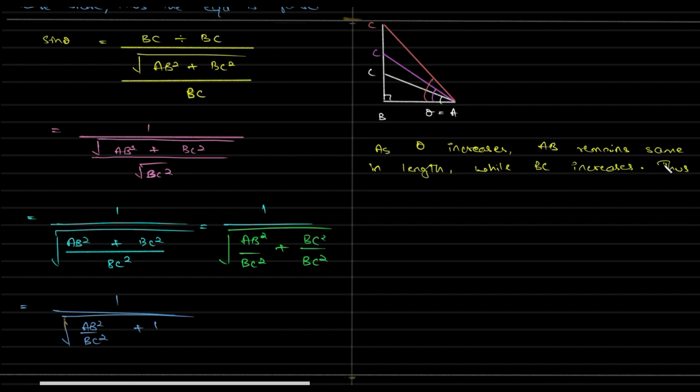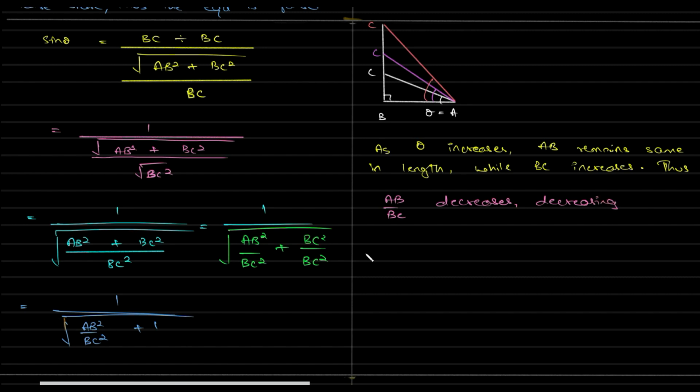Thus, can we tell that AB by BC as a ratio decreases? AB is fixed and BC is increasing. Thus, the ratio decreases, decreasing the denominator.